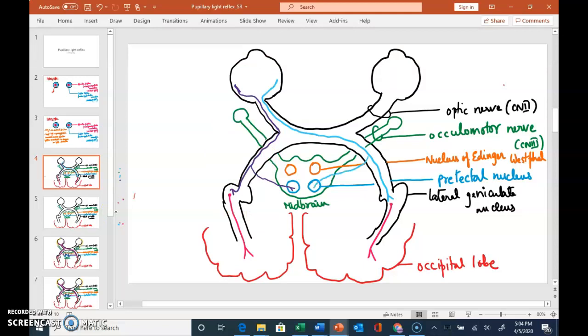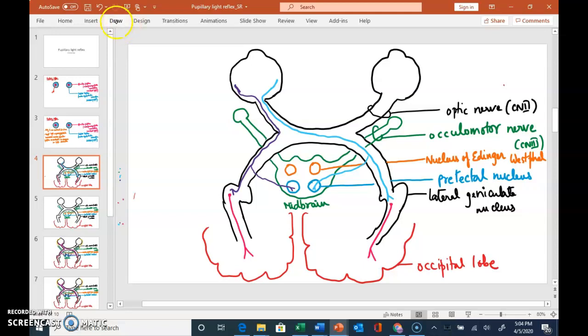Okay. So as we see here, the sensory neurons from the left eyeball not only synapse with another neuron that goes to the occipital lobe, but they also synapse with neurons in the pretectal nucleus.